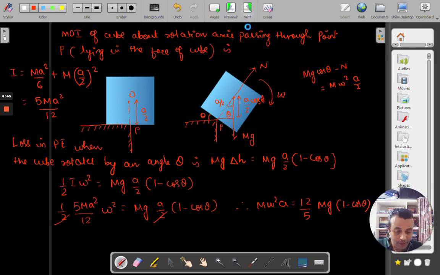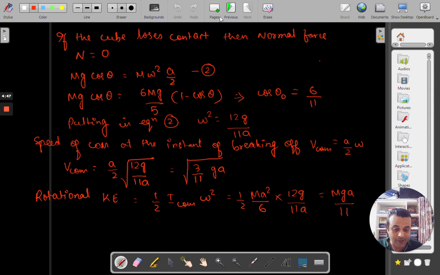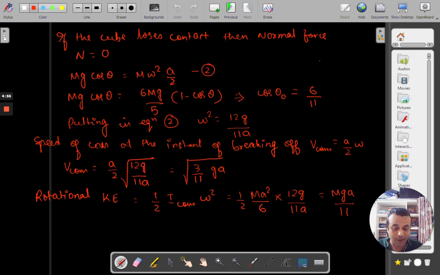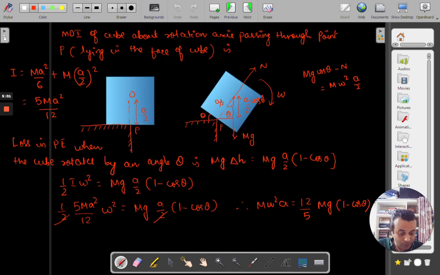Here N is 0, so I take it to the next board: mg cos theta must equal m omega square a by 2. I put it as equation 2, and m omega square a by 2 I can write as 6 by 5 mg into 1 minus cos theta.